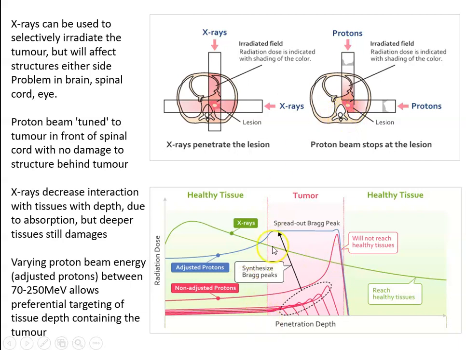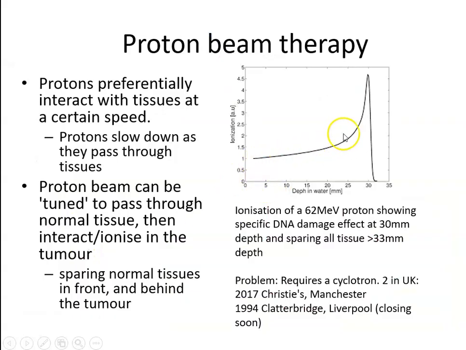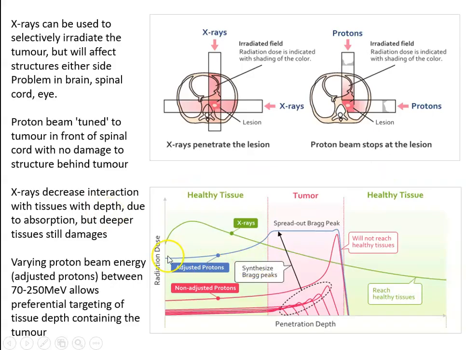So we do this using what we call a spread out Bragg peak. This is called the Bragg peak effect, no doubt discovered by someone called Bragg. So what we can do is, let's say this is the tissue depth, so this is healthy tissue, this is your tumour, this is healthy tissue behind it, this could be your spinal cord.